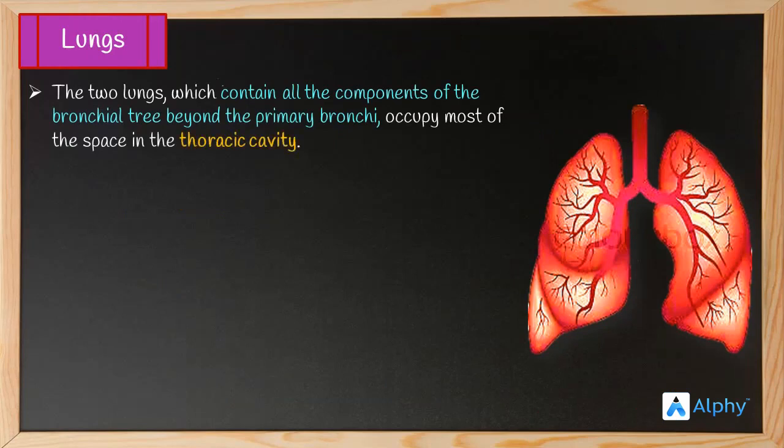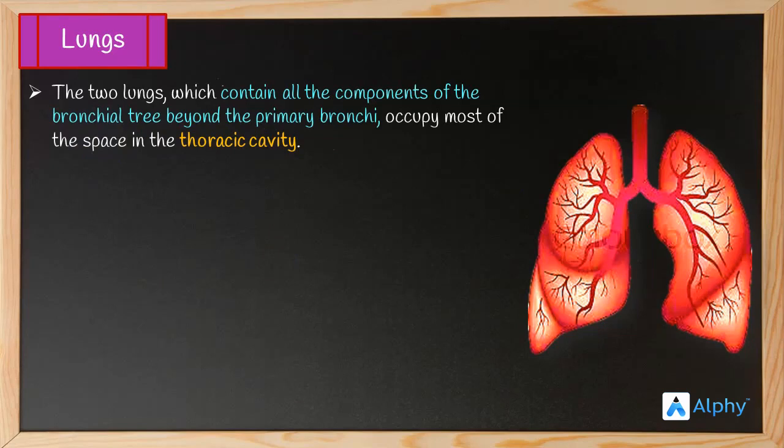As we know, the thoracic cavity or chest cavity contains the lungs. Both lungs are present in the thoracic region, and they contain all the components of the bronchial tree beyond the primary bronchi, which means the secondary bronchi and the bronchioles, as well as the alveoli.